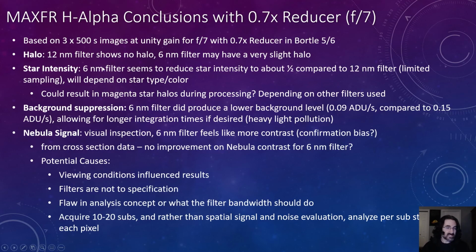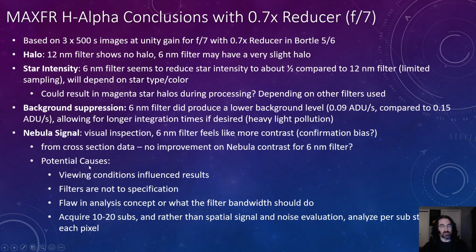Regarding star intensity, the 6 nanometer filter seems to reduce the star intensity by about half compared to the 12 nanometer filter. I can imagine that this could result in some magenta star halos during your processing because you're essentially going to be changing the size of your stars. So as you start stacking up other narrowband filters, if they have different widths of the star, I could see that causing a lot of fringing around the stars.